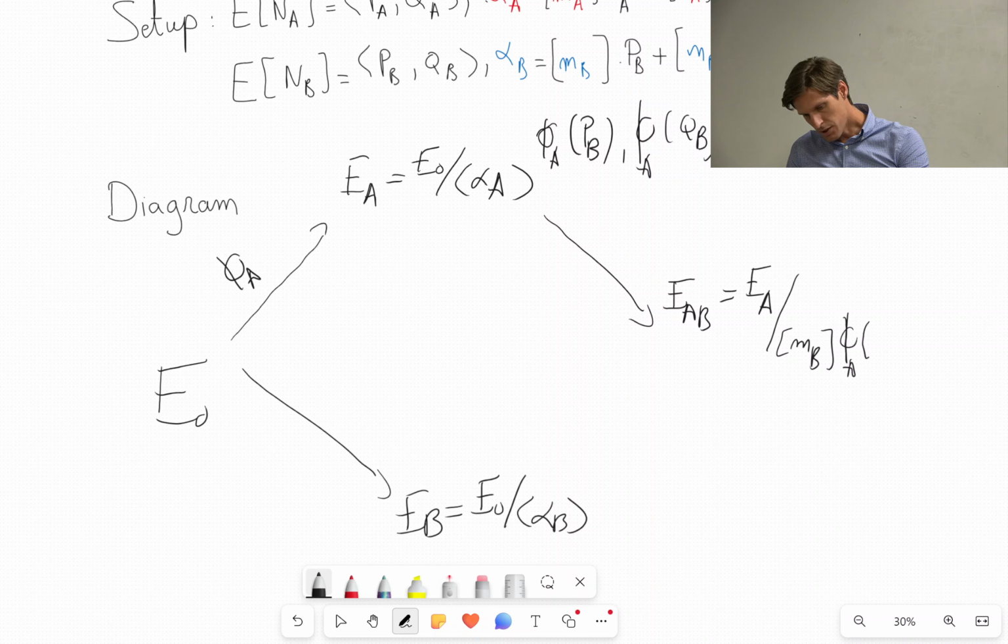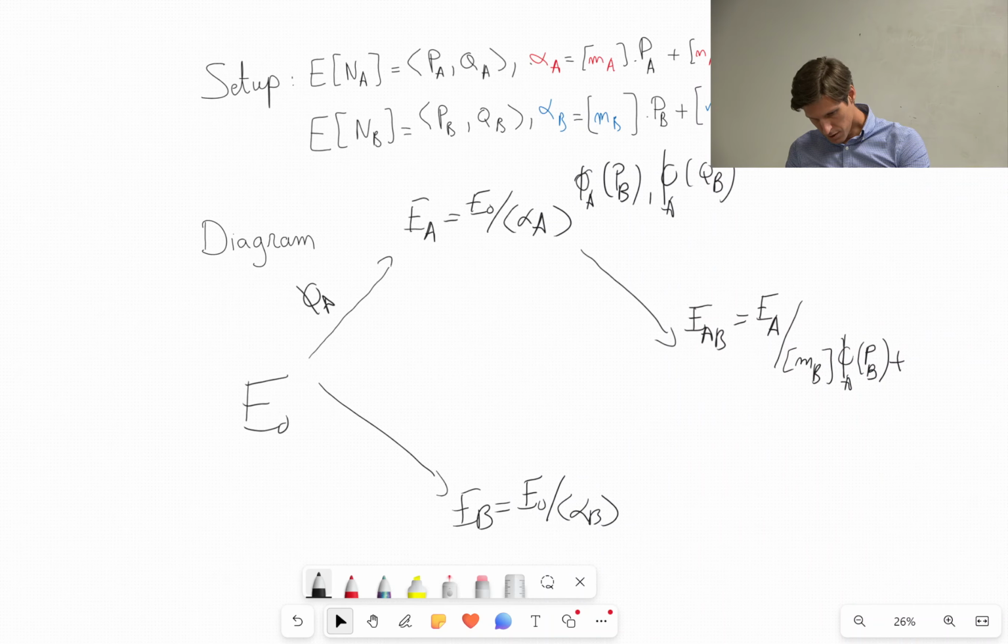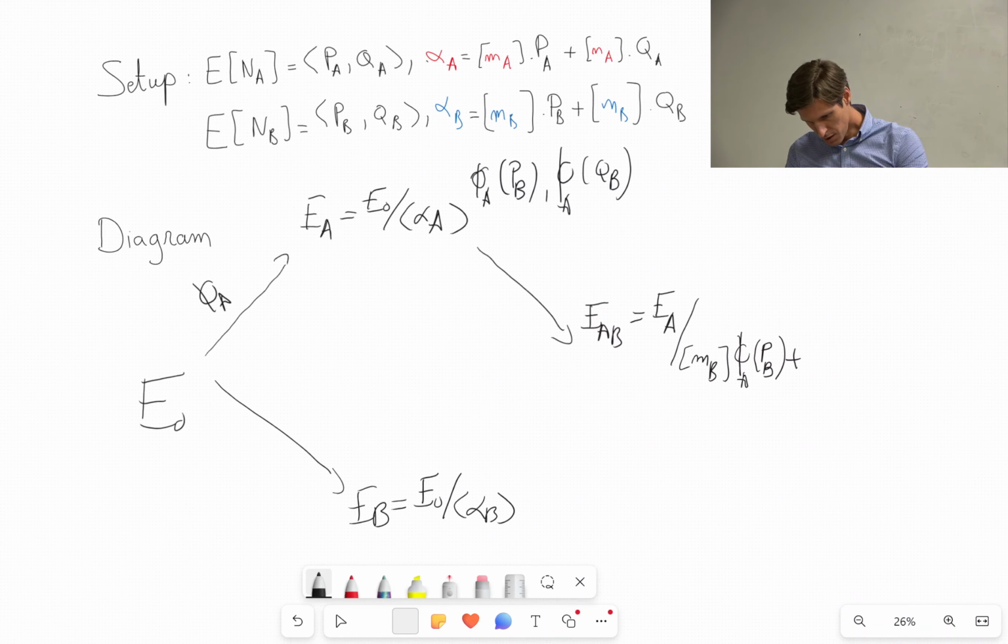So he takes the images of the torsion points, and then gives the exact same linear combination that he had chosen at the beginning. So that's phi A of PB plus NB times phi A of QB.